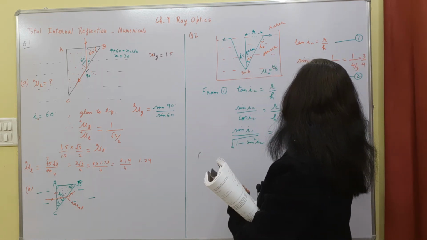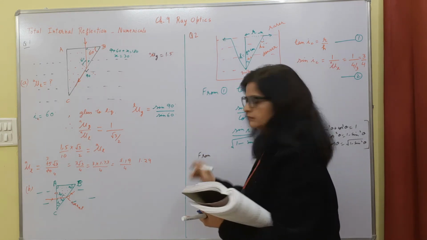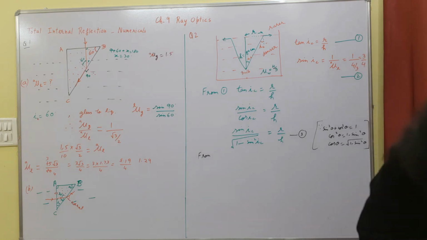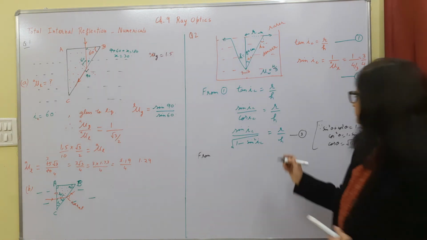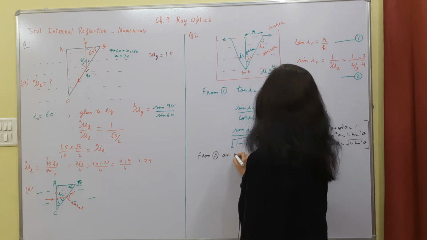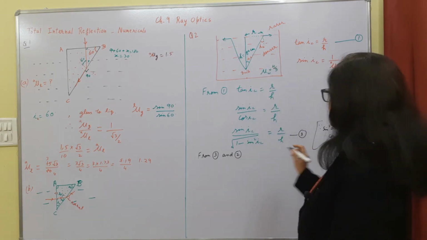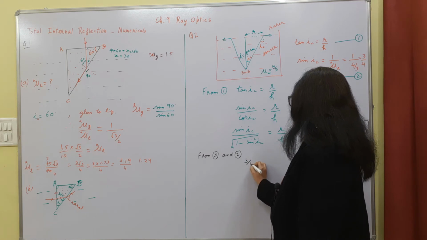This I am marking as 3. We know that sin IC is 3 upon 4 over here.